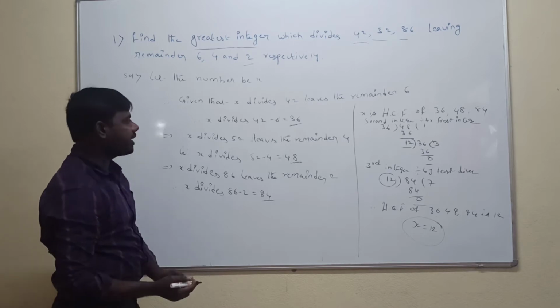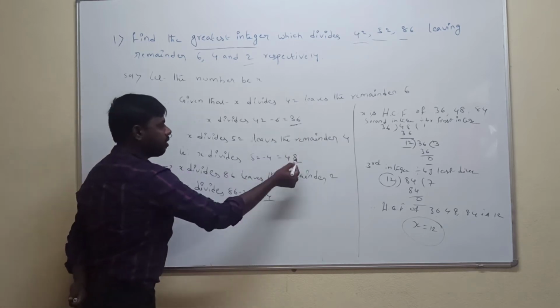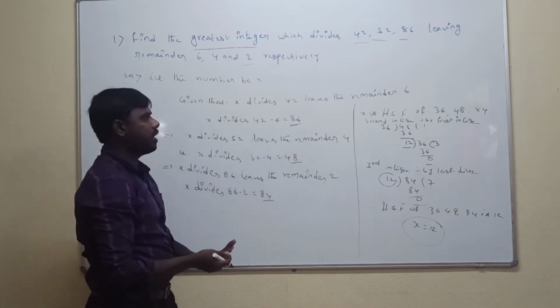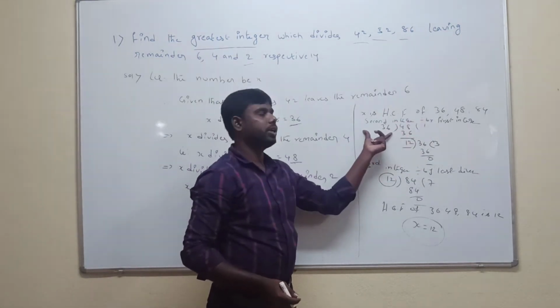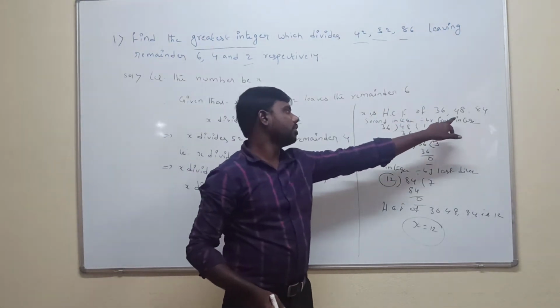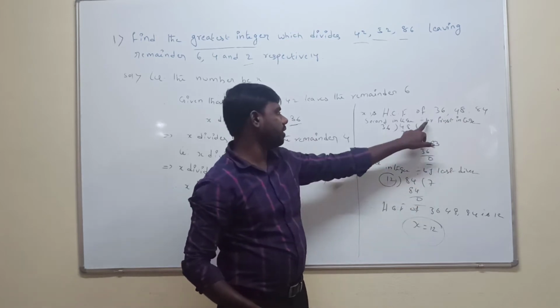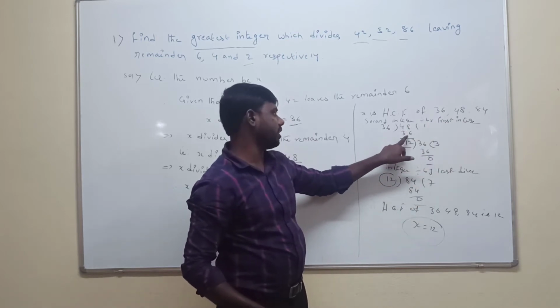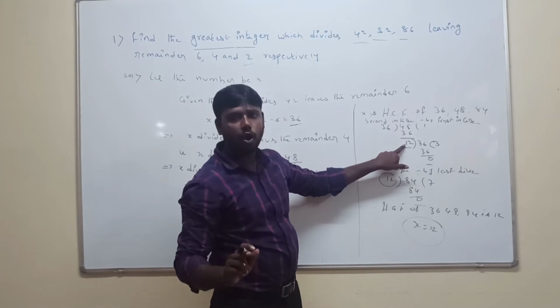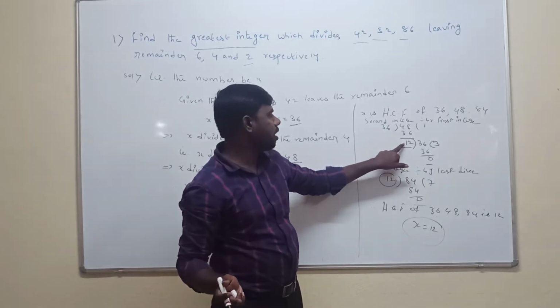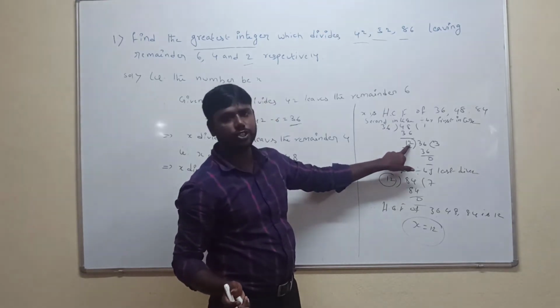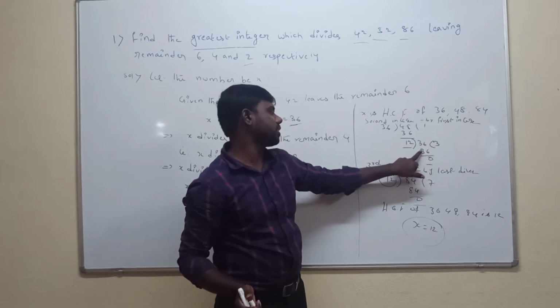Now we calculate the HCF of 36, 48, 84, applying the division method. The second integer is divided by the first integer: 36 times 1 is 36, and 48 minus 36 is 12. The remainder is not 0, so we divide the first divisor by the first remainder: 12 times 3 is 36.